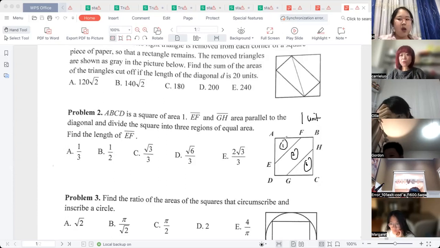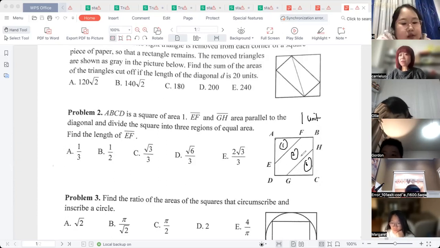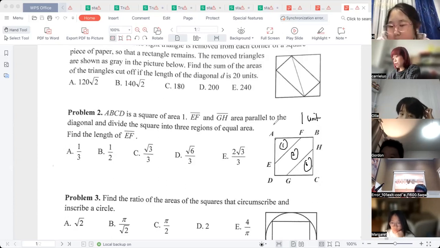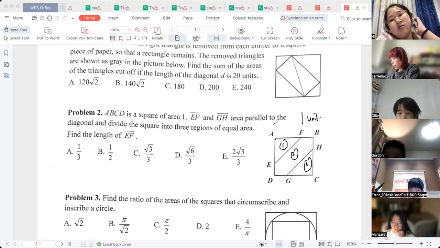Okay, in order to know that region 1 equals region 3, Luciana, Ollie, Gordon and Oliver, we know that AE must equal GC, correct, everybody? Because 1 equals 3. Do you get it, Gordon? I cannot hear you. Yeah, okay, good.